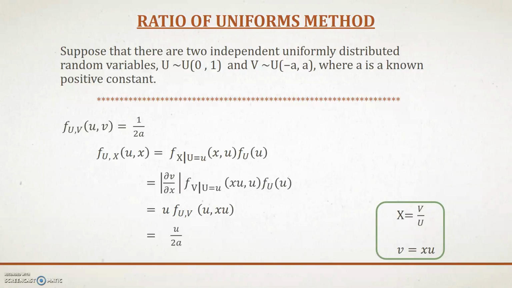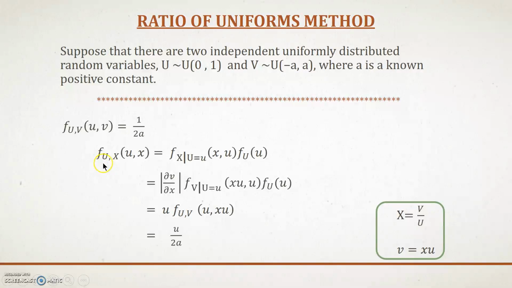What we already know is that the joint density of u and v is 1 over 2a, and this is over here. So what we're going to try and do now is find the joint density for u and x, so u and the new variable that we created.